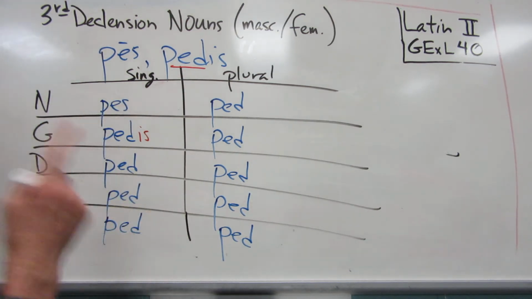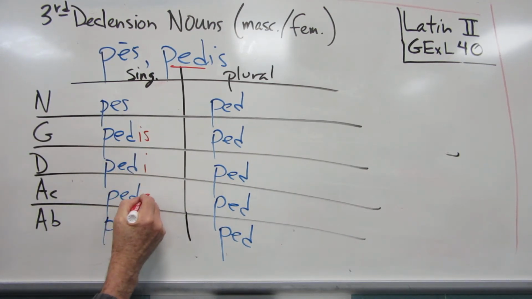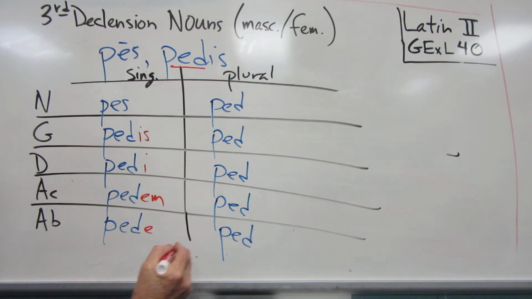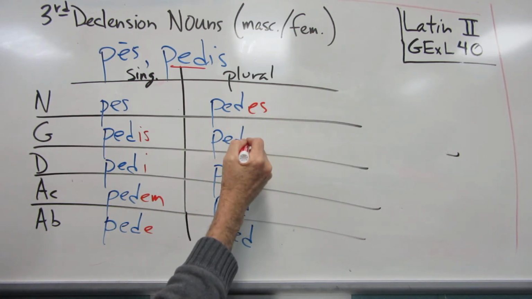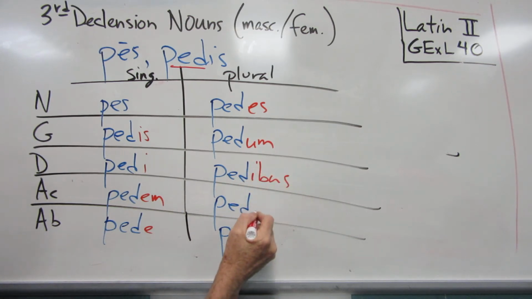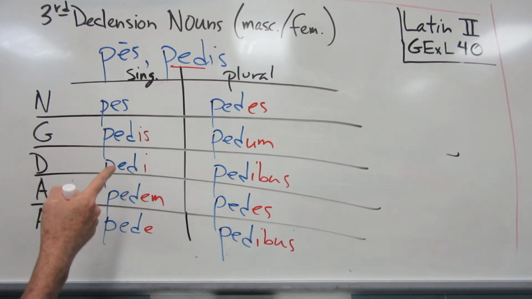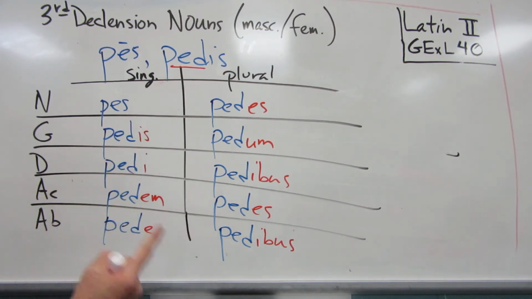So the way I would remember it is x, is, i, em, e, es, um, ibus, es, ibus.